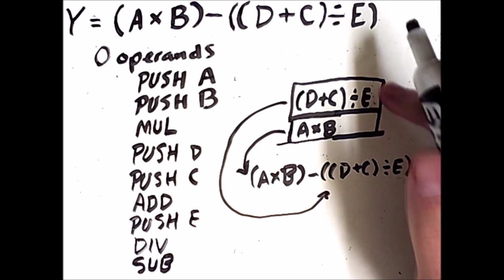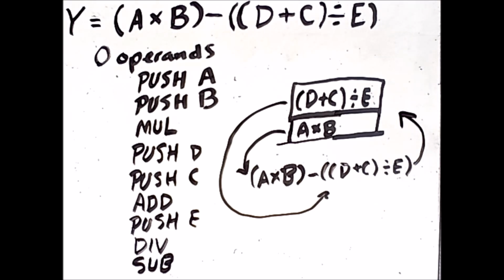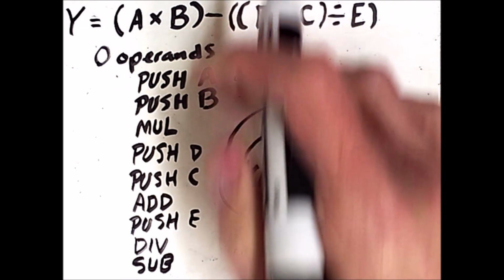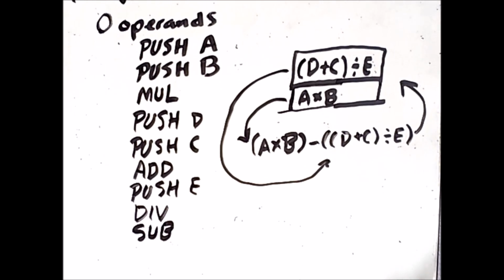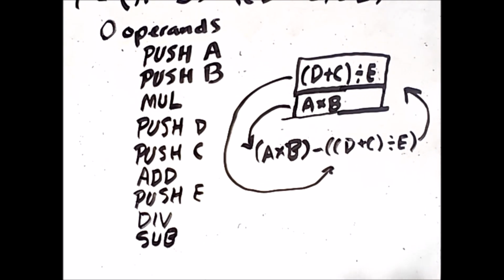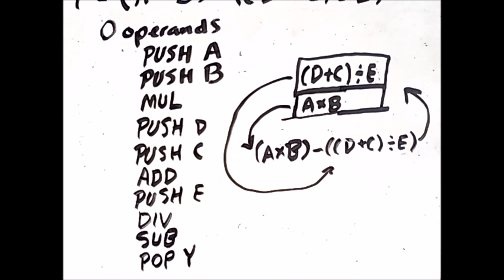Because these 2 elements were popped off, this will go back on the stack. And so after all of these operations, the only thing left that we need to do to save the result in Y is do a pop Y. And that completes our program with 0 operands.